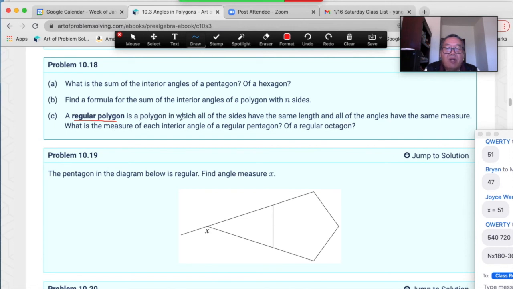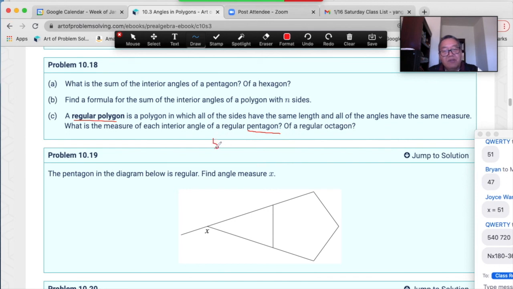Then a regular polygon is one in which all of the sides have the same length and all the angles have the same measure. What is the measure of each interior angle of a regular octagon? So for a regular pentagon, what is the measure of each interior angle? Can you help me calculate that?